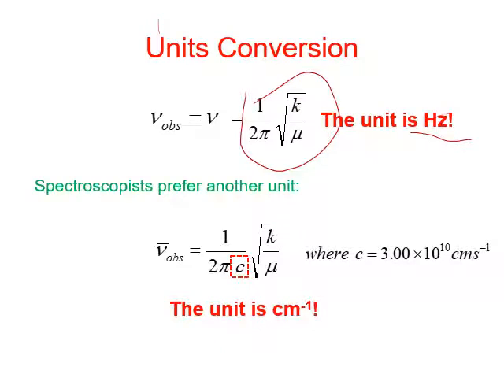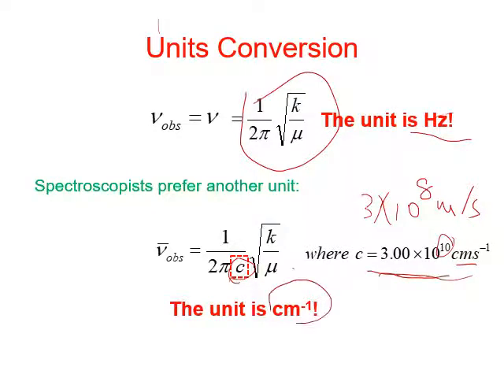All you need to do is divide by the speed of light. Now speed of light, usually we say 3 times 10 to the 8th power meter per second. But here it should be 3 times 10 to the 10th power centimeter per second.